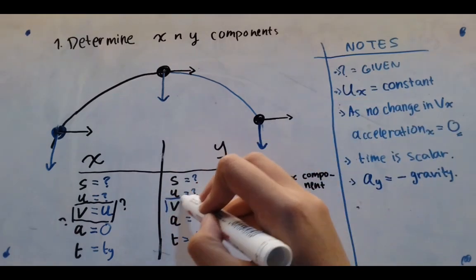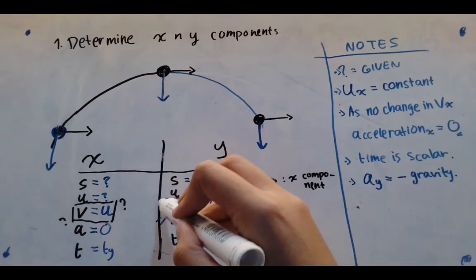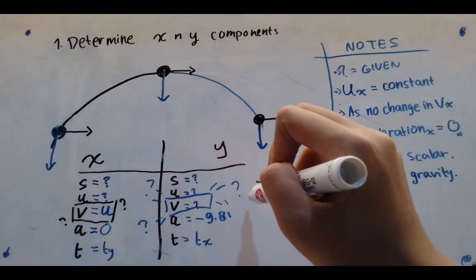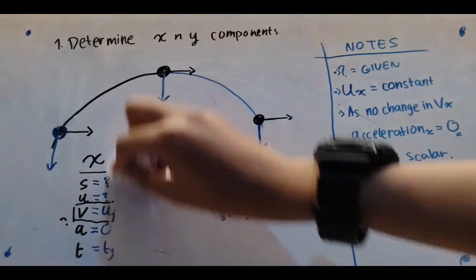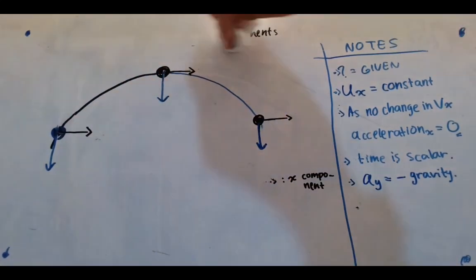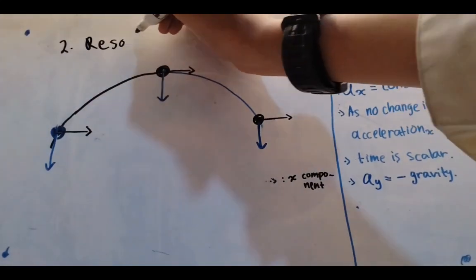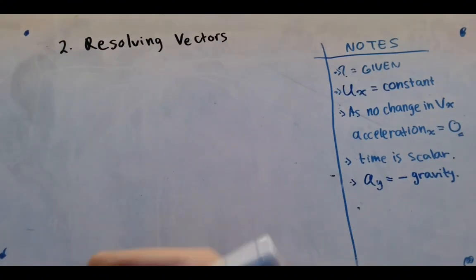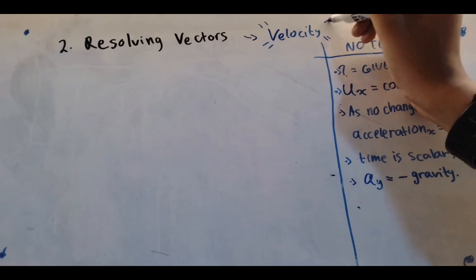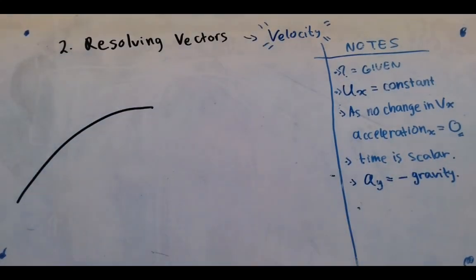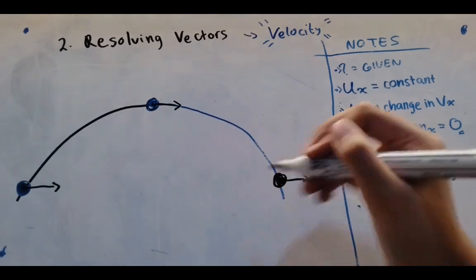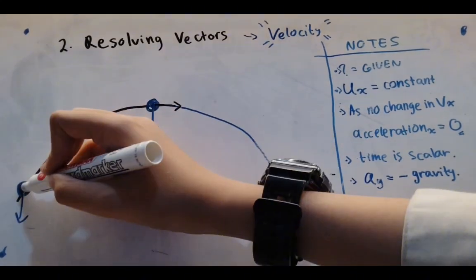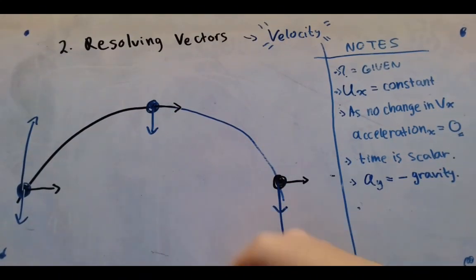Now, moving on to the final velocity in the y component, there is another way to find this component, which is using the resolving factor. Let's do this! Before I dive into resolving factors, I would like to say that the velocity in the y component varies.